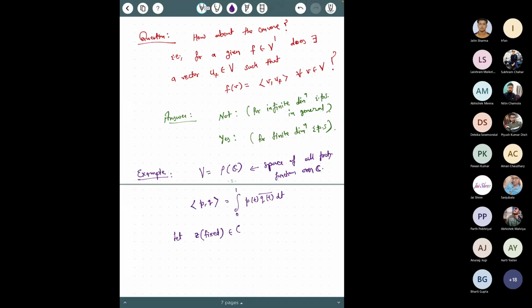Based on this z, I'm defining this linear functional on V, let us call it L from V to C. How is it defined? V is the space of polynomials. If I take any polynomial P, then I'll send this P to P of z. That means it is actually the evaluation of this polynomial at the point z. Evaluation at z.